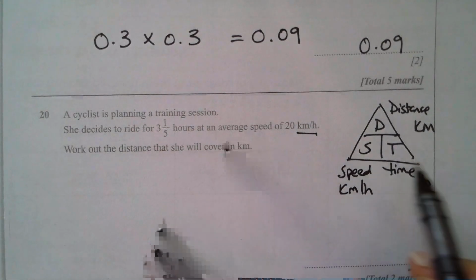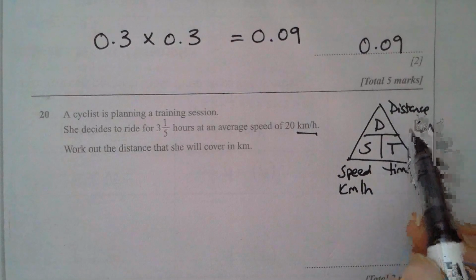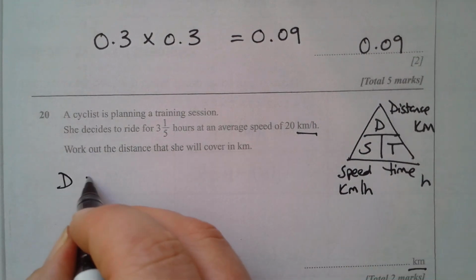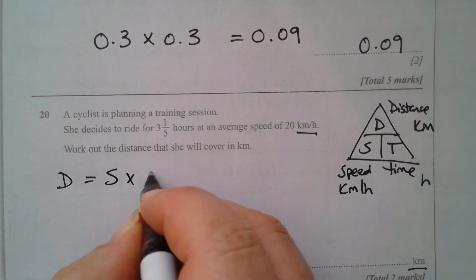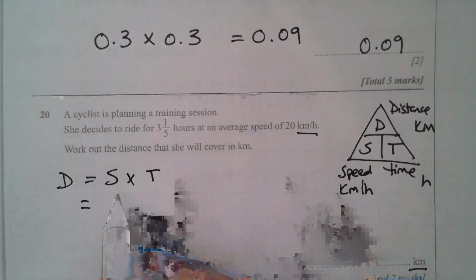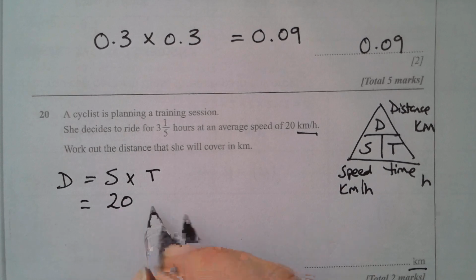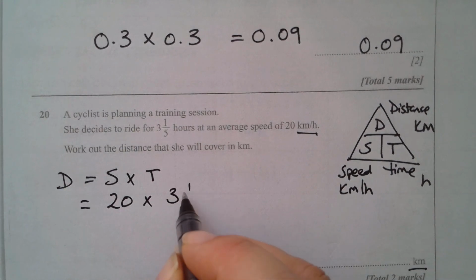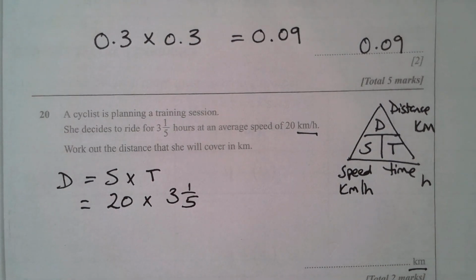Well, let's have a look. We've got distance. Distance equals, you cover the distance, you're left with speed multiplied by time. So what have we got? We've got speed is 20 multiplied by time, which is 3 1/5.